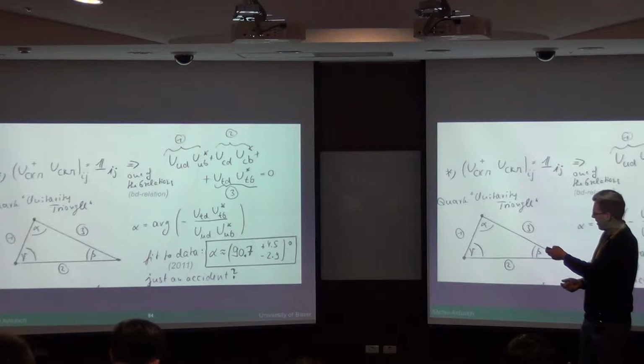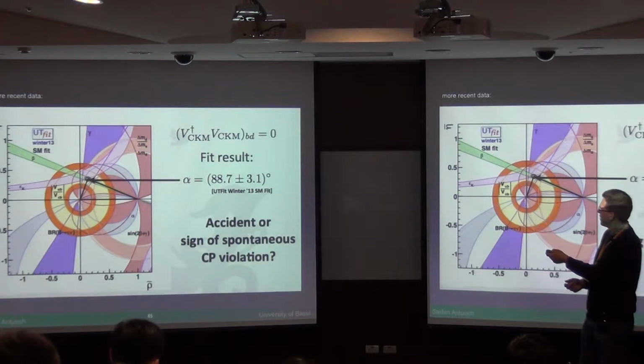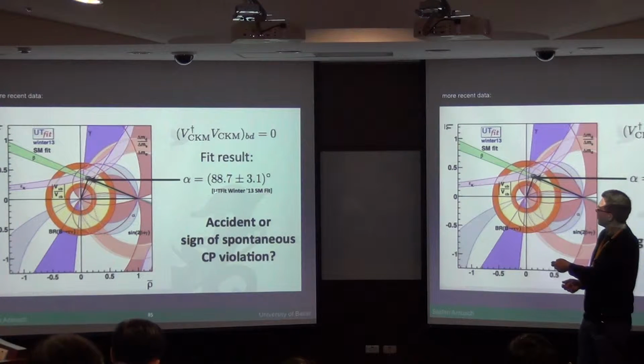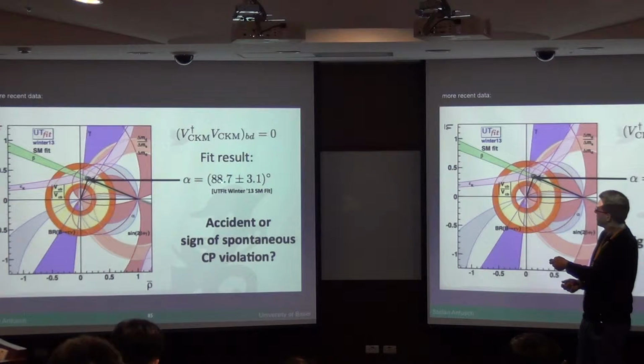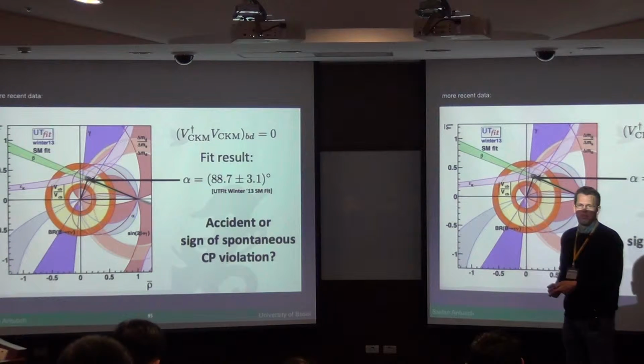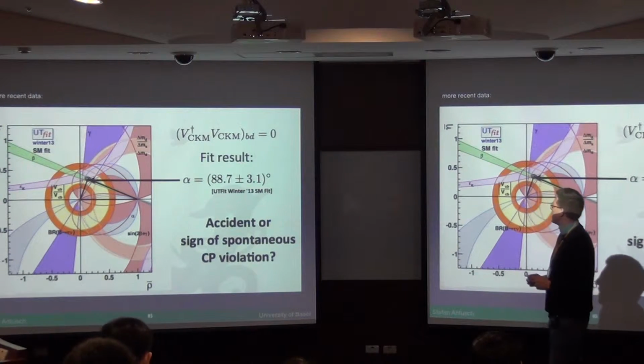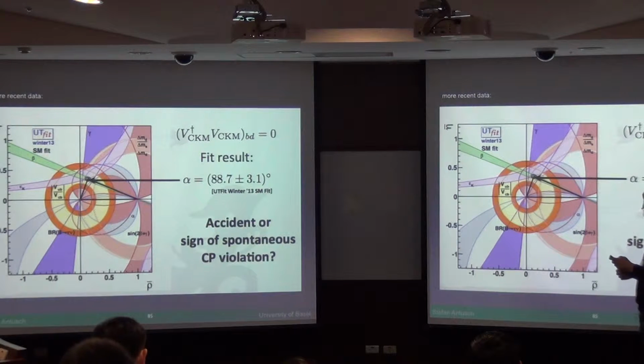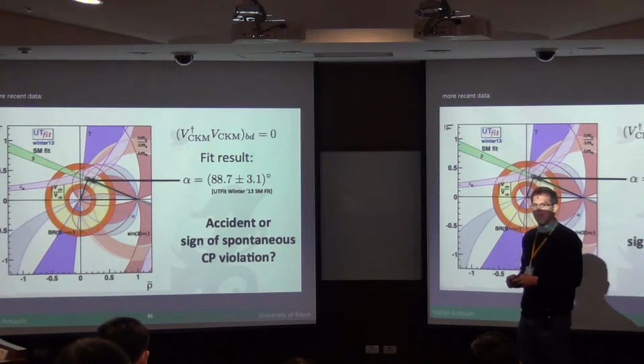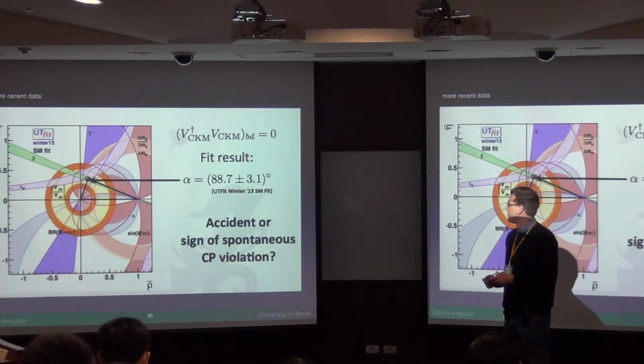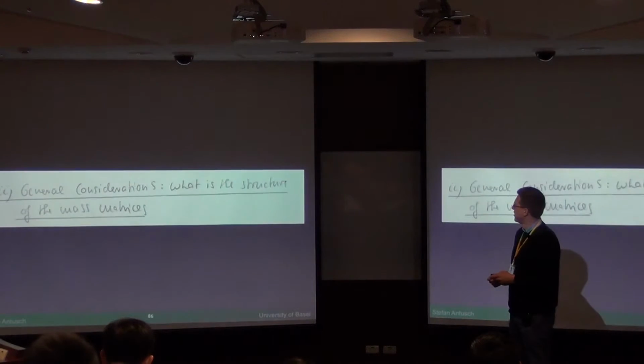This is data from 2011, and I also put some better data from winter 2013, last year. So it has changed a bit, but it always kind of circles around 90 degrees. I find it a really interesting observation, and I will come back to the question of whether this is telling us something about the origin of the phase a bit later.